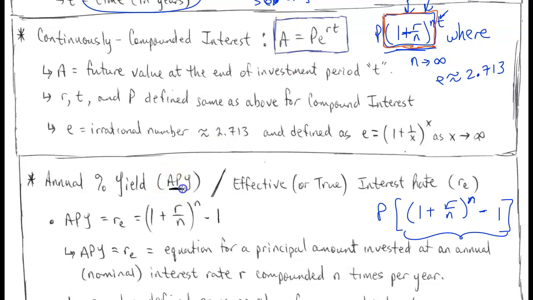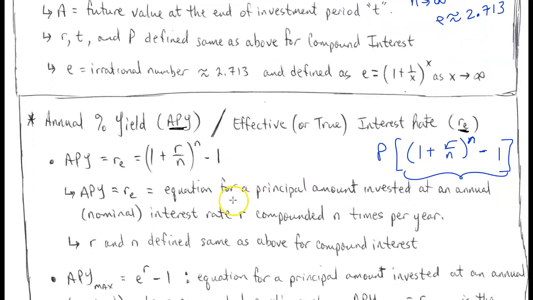One acronym for it is APY, annual percentage yield. In other textbooks, you'll see it as effective or true interest rate, little r sub little e. Both mean the same thing. It really just depends upon what variable whoever is using this comes up with.